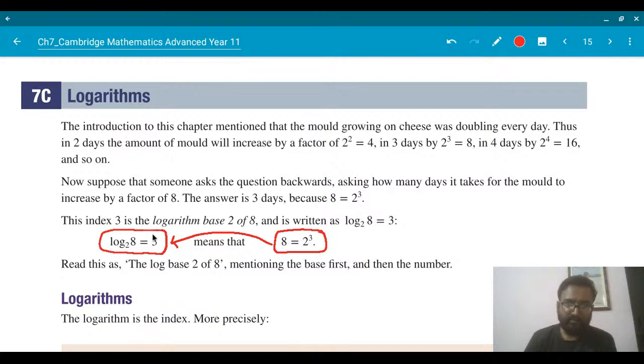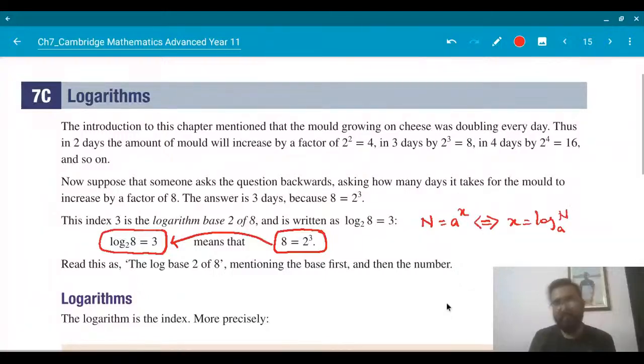Okay. If I write n is equal to a power x, which implies that x is equal to log n base a. The reverse conversion is also the same. That's why here we call a the base only. Is it clear?